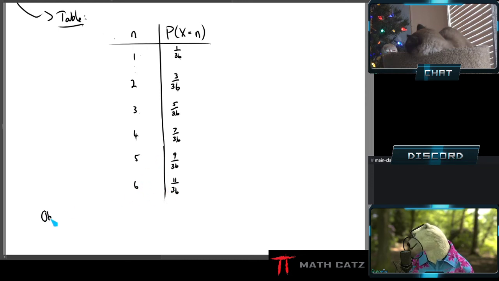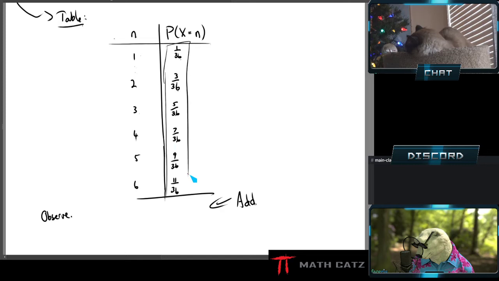Let's observe something. If I add up all of these, whoops, add up all the probabilities, these guys. I add them all up, I get 1 out of 36, that's 4, that's 9, that is 16, that is 25, 36. 36 out of 36, or 1, or 100%.